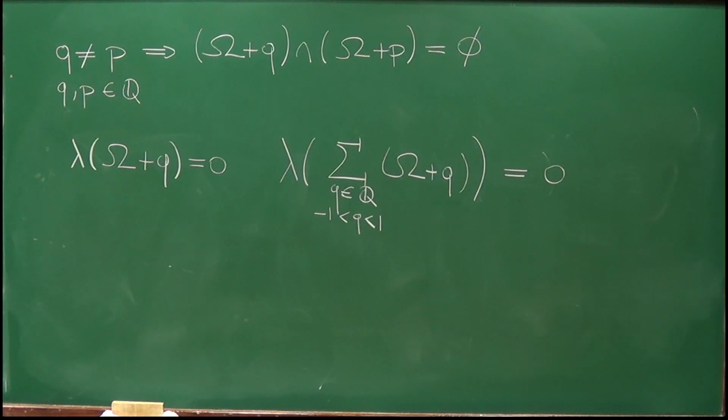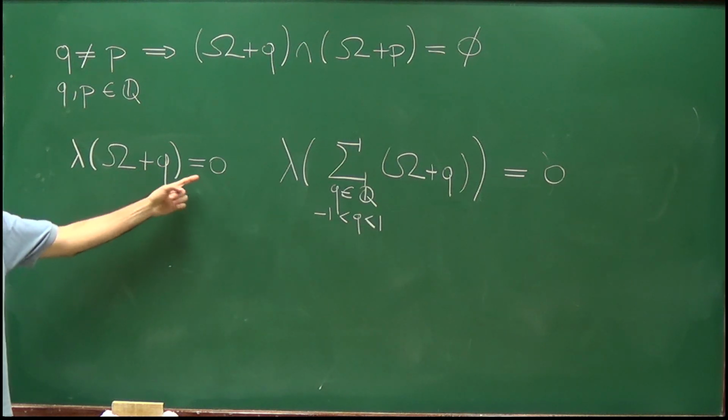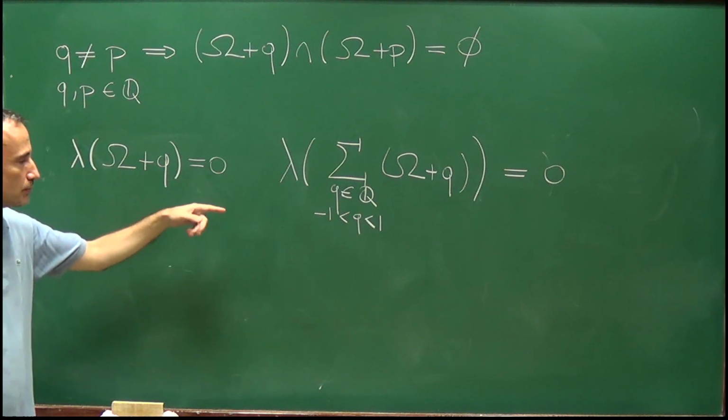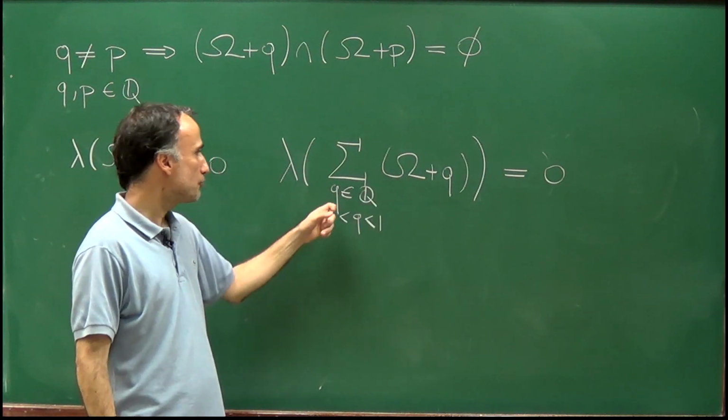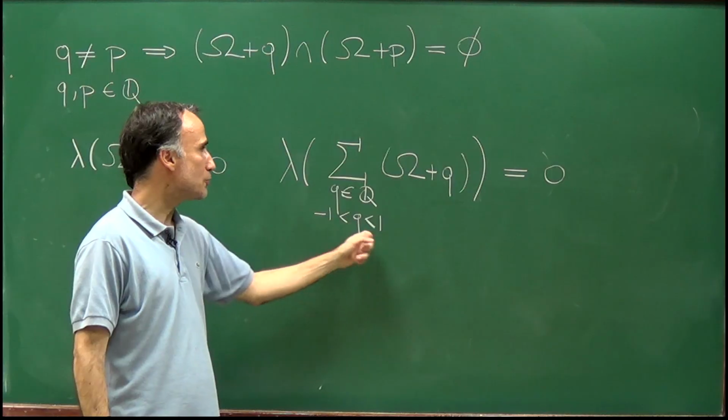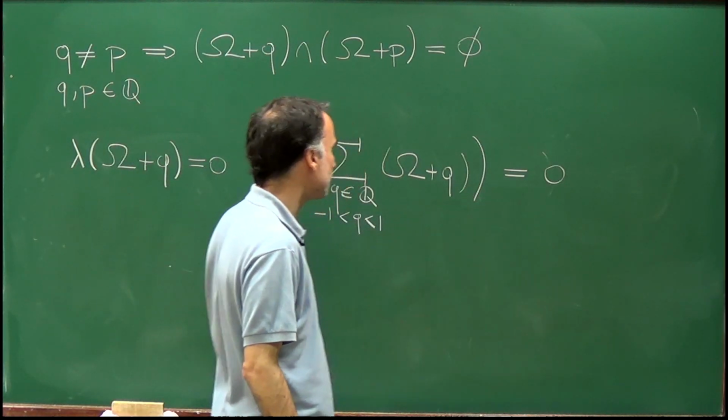So up to this point, we proved that the measures of these sets omega plus q are all equal to 0, and therefore that the measure of the union of these sets for q rational between minus 1 and 1 is equal to 0.